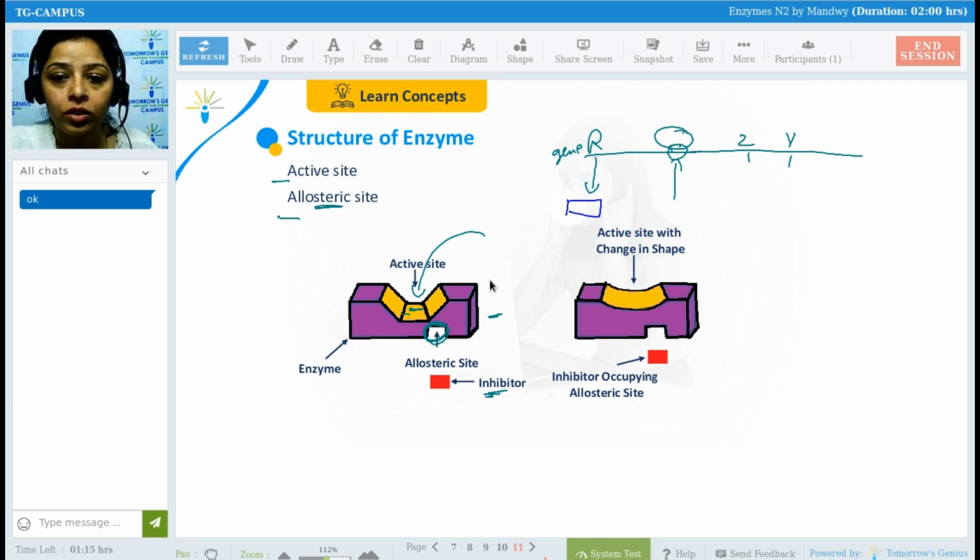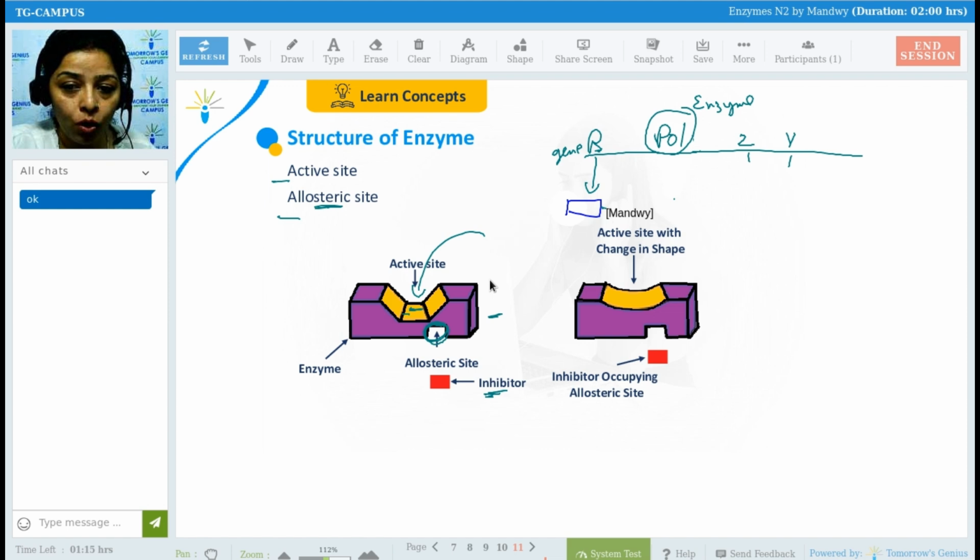Let's not write the lactose here. This repressor, which is expressed by this R gene, will go and bind with that and can stop the reaction, the process, right?